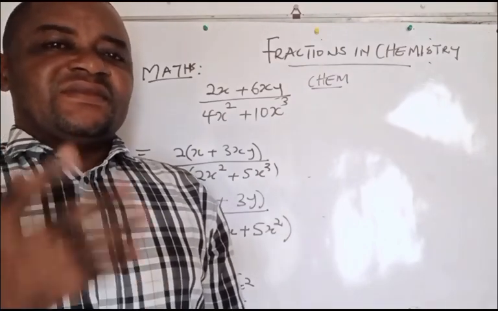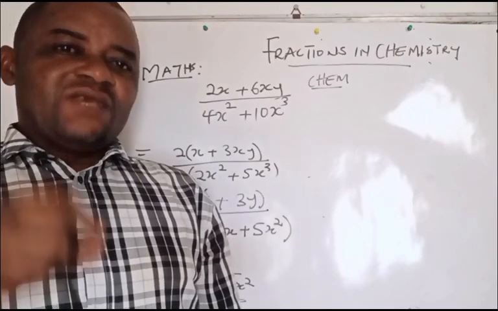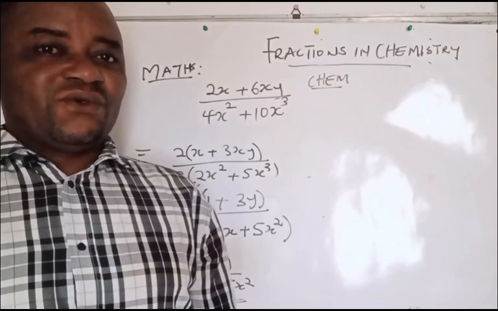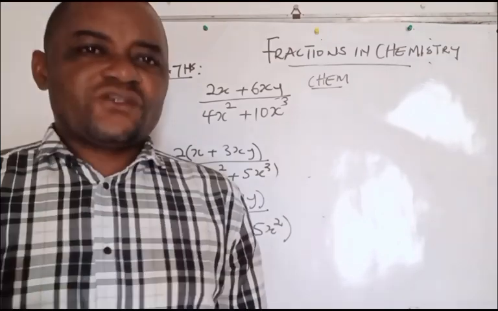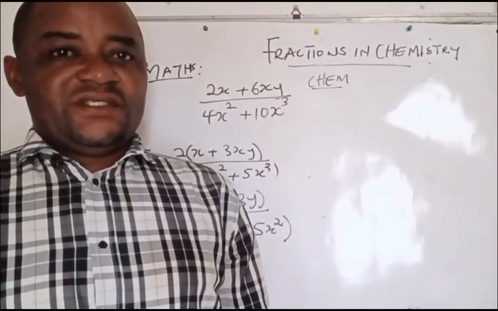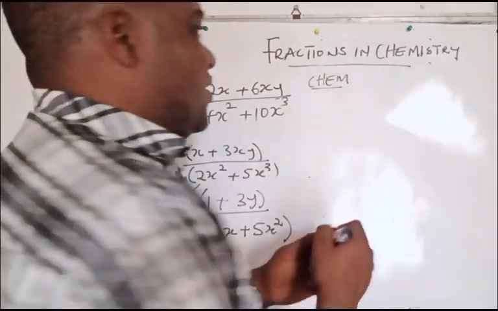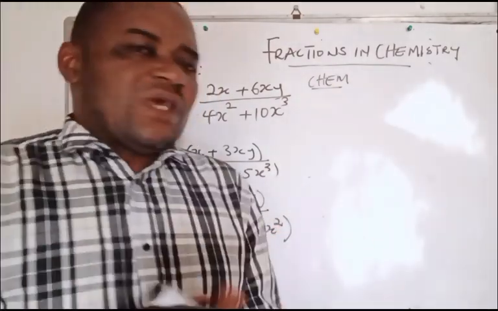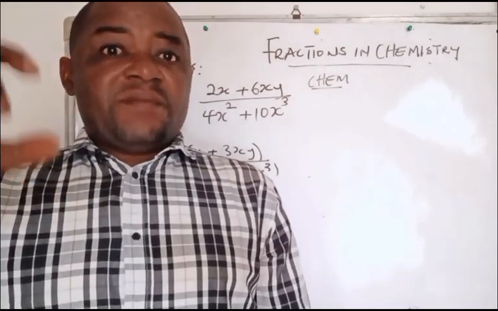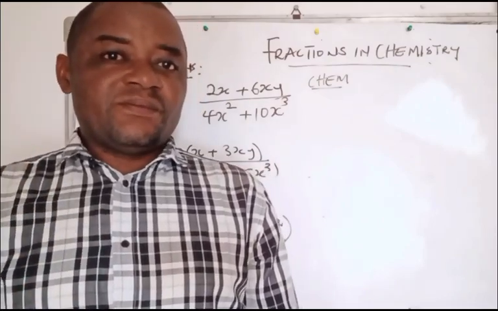That is to say, what is actually the hydrogen amount in water in terms of mass? Okay, that is chemistry for you. What is a fraction of the mass of water in hydrogen? So you can look at it in that way. And now we say, okay, if that is the case, that means we are trying to say, what is the amount of hydrogen in water in a fractional form?